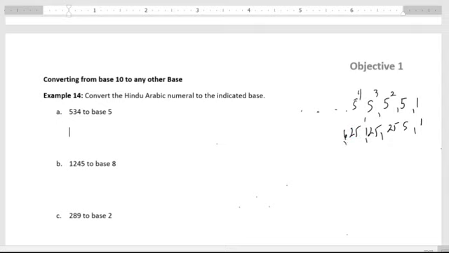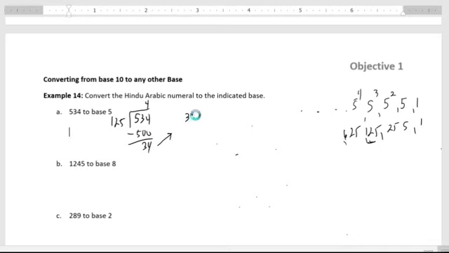We can see that 625 is too big, so we're going to start to divide by 125. So we take our number 534 divided by 125, and that's going to go into 534 4 times. 125 times 4 gives us 500. If we subtract, we get remainder 34.